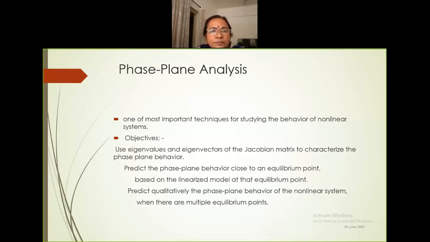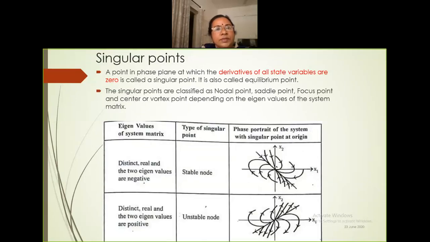Predict the phase plane behavior close to an equilibrium point based on the linearized model at that equilibrium point. And it again predicts qualitatively the phase plane behavior of the nonlinear system when there are multiple equilibrium points. Okay, this is a general thing. When I come to the next slide, it will be very clear.